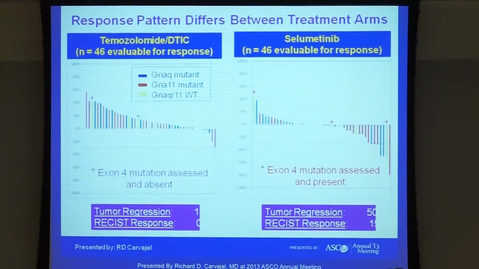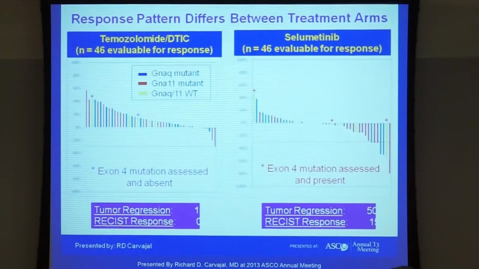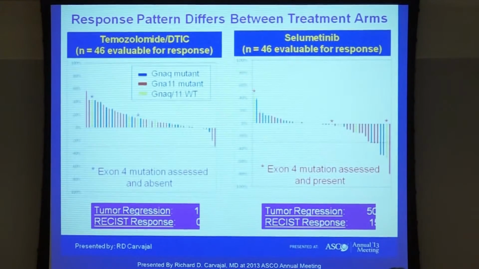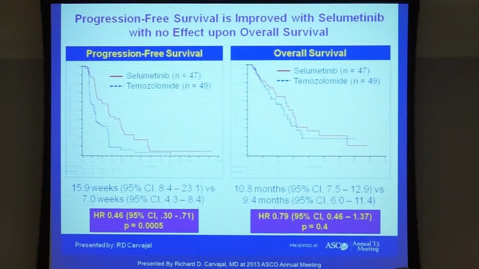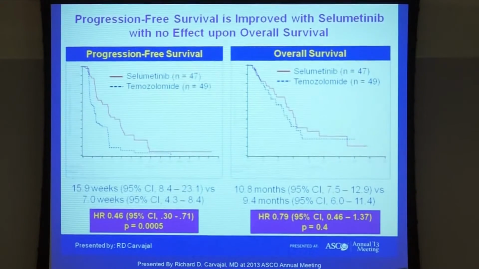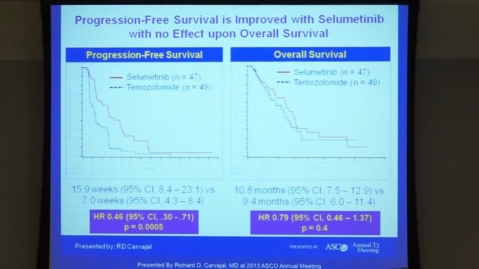But with the selumetinib, there was evidence of some shrinkage in about 50% of patients, and a good 15% showed very excellent tumor shrinkage. And the data also showed that the progression-free survival appeared better with the selumetinib than with chemotherapy. The difference was not enough to be statistically significant with overall survival.